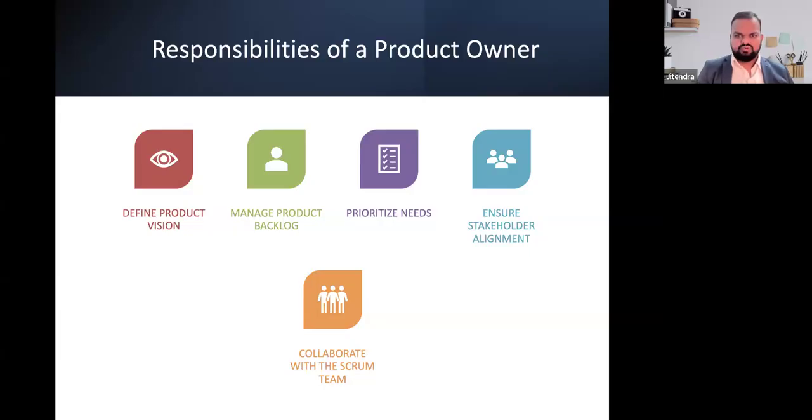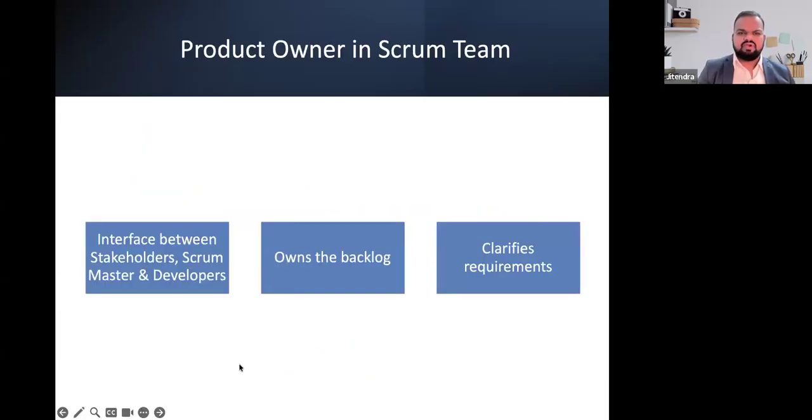From a Scrum team perspective, you're going to own the backlog items, how many requirements we have, setting the prioritization, clarifying those, and that's what we discussed earlier. As a product owner in a Scrum team, you are the interface between the customer, the stakeholder, and your developers. You are placed in between, making sure things are aligned.